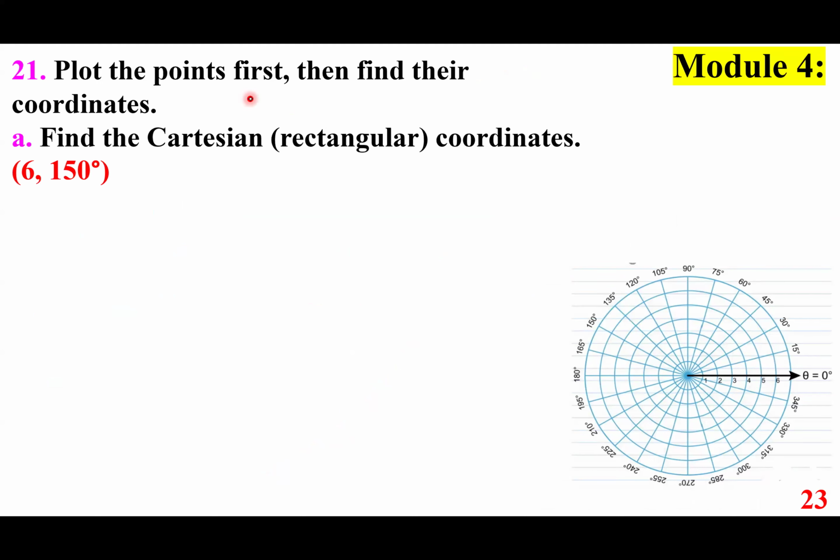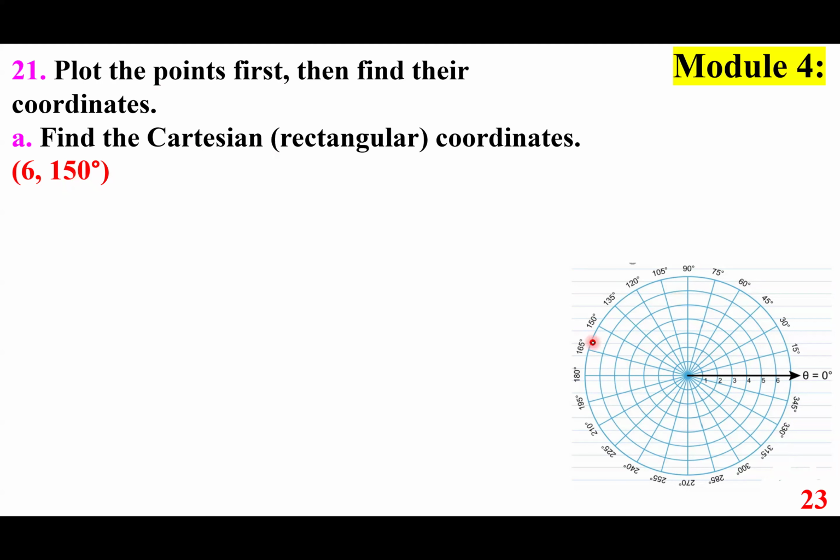Plot the points first, then find their Cartesian rectangular coordinates: 6 comma 150 degrees. Again, it's important to know that when you want to plot a point in polar, it's r comma theta, and you start with theta.